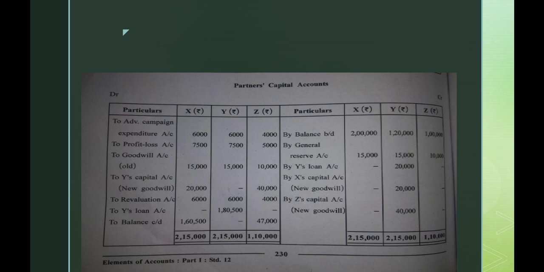There are two options available. Sorry for the inconvenience caused. We were talking about the total of the column of retiring partner. So amount of difference is 1,80,500, which is to be paid to the retiring partner.